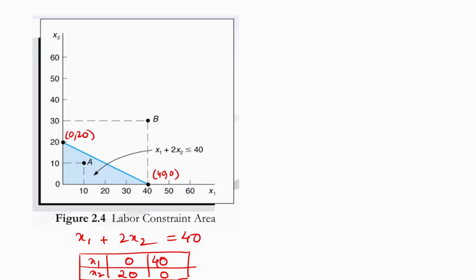With these 2 points I can draw the line, and less than or equal to 40 means that we have to shade the region below this line. This blue shaded region is the labor constraint area.